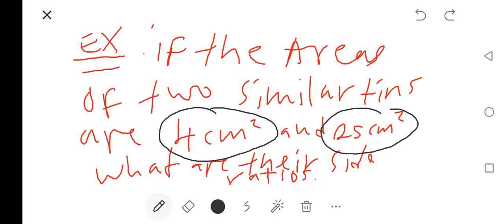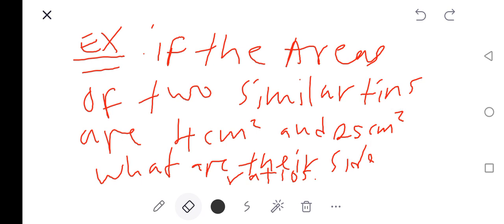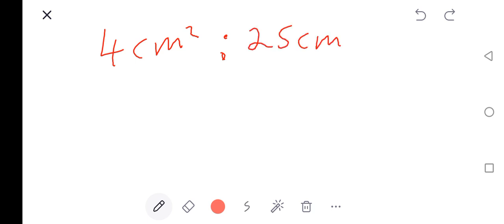There are squares here. Squares mean area. So now what are they looking for? The sides, isn't it? So you are given 4 centimeters squared, and you are given 25 centimeters squared.